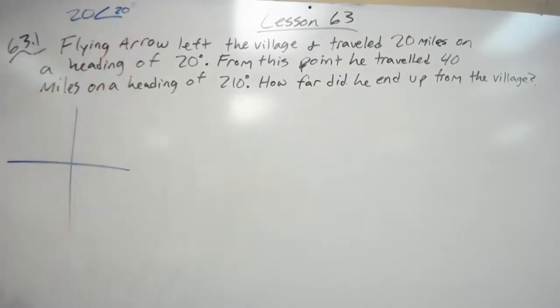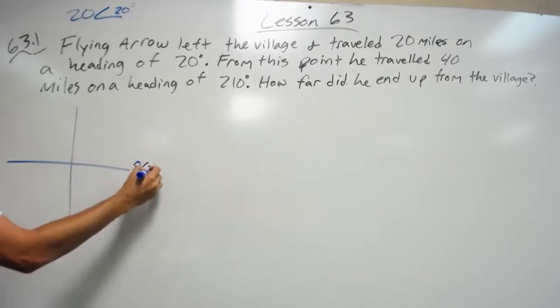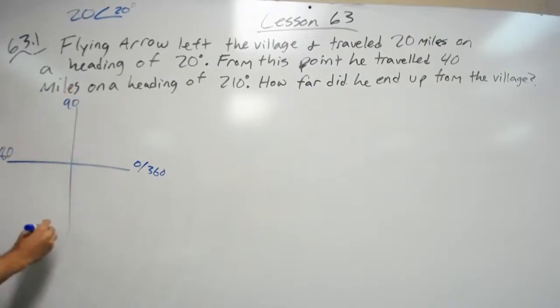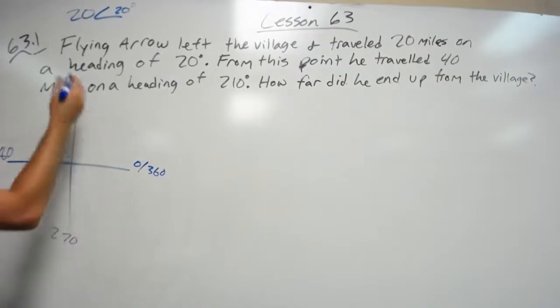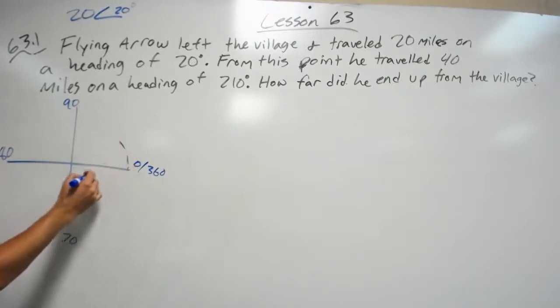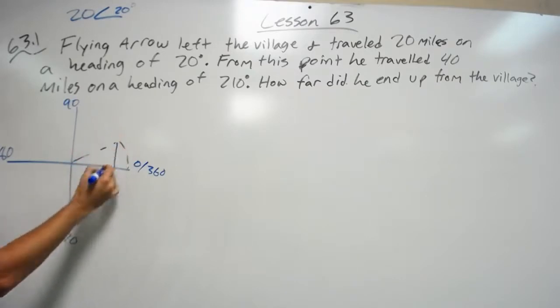That's our polar coordinate. What we're going to do is imagine putting this on a coordinate grid. Well, remember we started at 0 and 360, 90, 180, 270. This one's pretty easy to see because it stays in this first quadrant. Go counterclockwise 20 degrees, and create our little triangle.